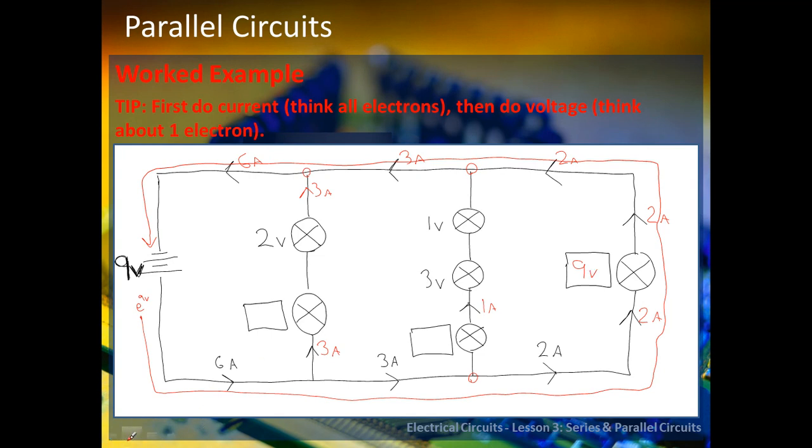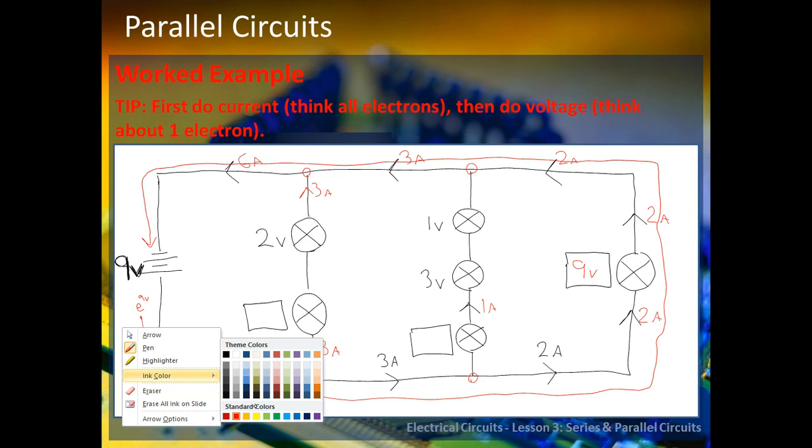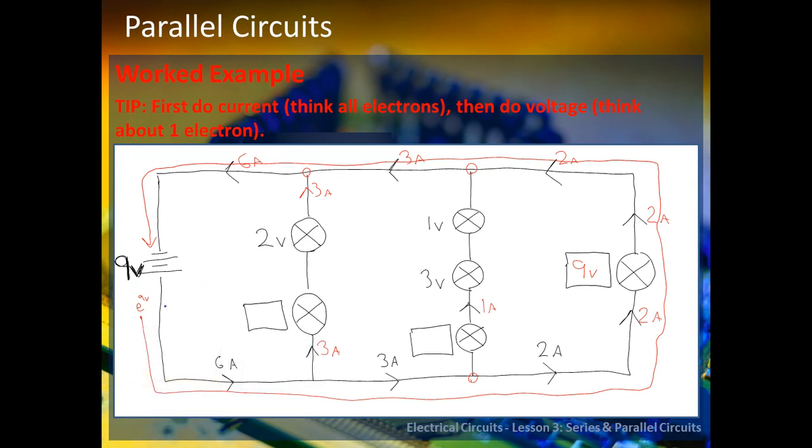Then going to look at an electron that travels down the middle path. So second electron starting with 9 volts. This one moves down the side to the second path, up that second path and back. So following that path, there are 1, 2, 3 bulbs on it.